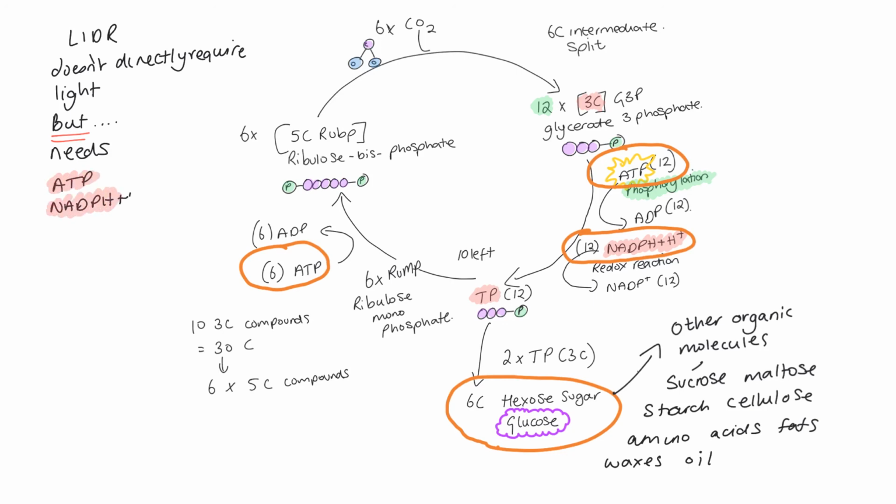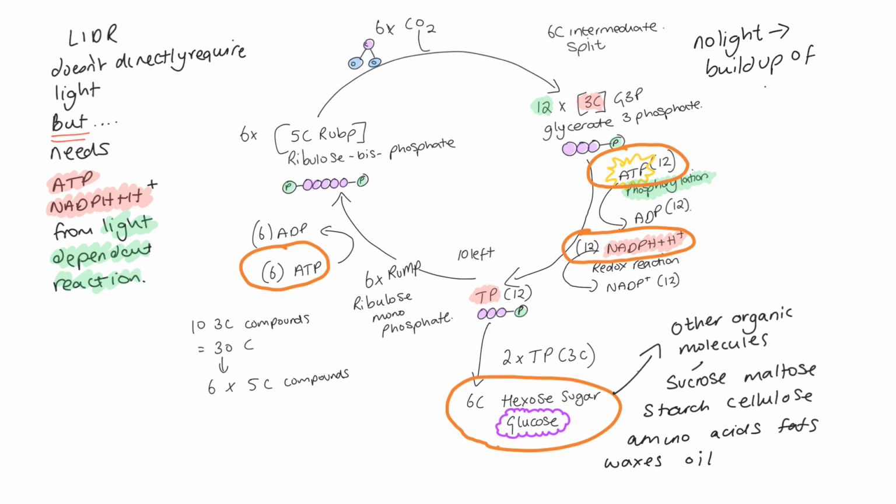So you would just get stuck there. All of your RuBP could be converted to G3P because you just need carbon dioxide for that stage. But then it just won't go any further because you can't convert that into triose phosphates, and you certainly cannot regenerate your RuBP. So light is necessary.